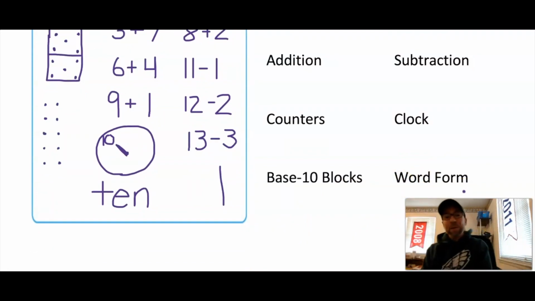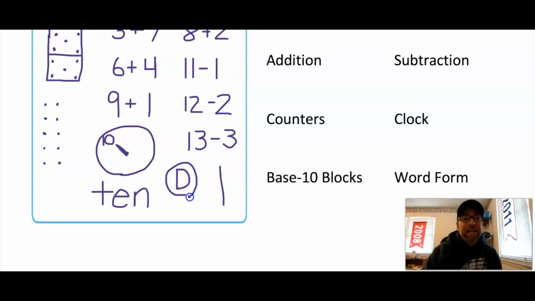Whew. We could also use money. A dime equals 10 cents. So I could have a dime in my name collection box. Lots of ways to name a number in math.